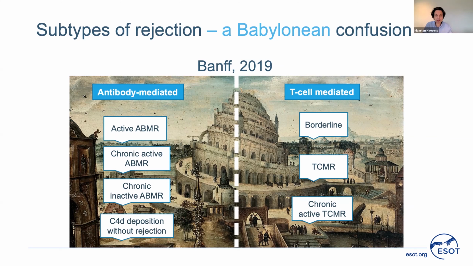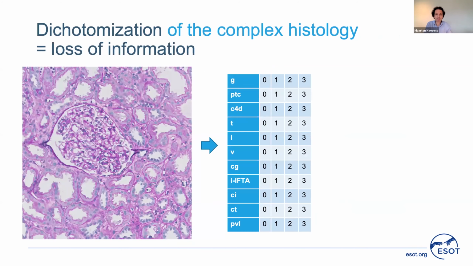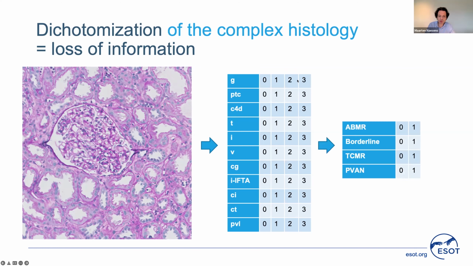Next to the difficulty and the complexity of the classification, there's another issue, and that is the fact that we try to dichotomize the histological picture, which is quite spectral with a lot of details, from the 3-level or the 4-level lesion scores towards, again, as I said in the beginning, the presence or absence of disease.